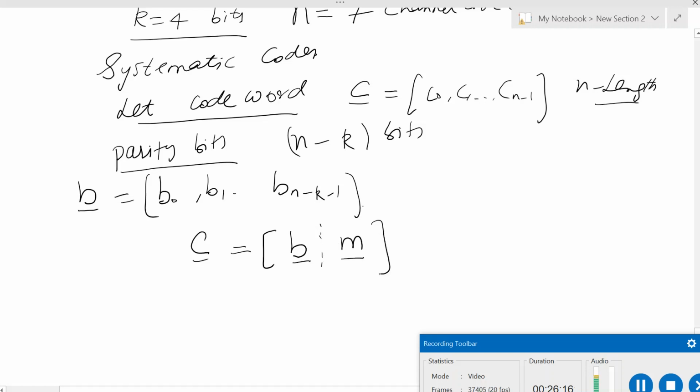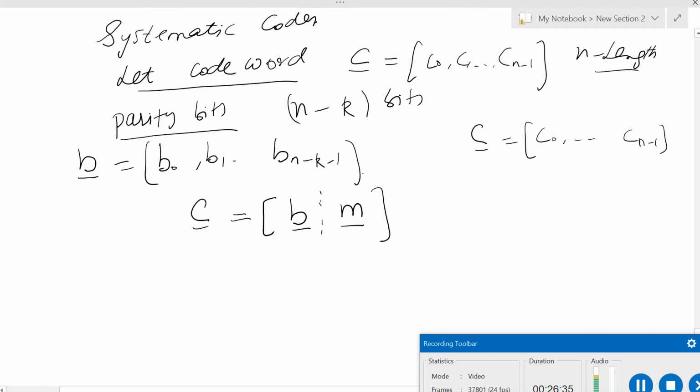This means concatenation, that is, you are combining two vectors. Or to write it in details, we can write, so this C is C0 up to Cn minus 1.